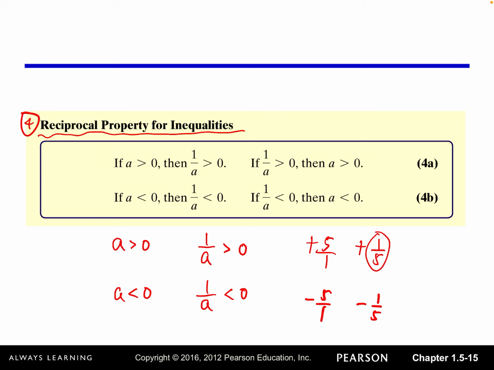So for the reciprocal property, I call it the same sign property, just because it's easy for me to remember. Up to you: if you can remember the key for the reciprocal property, just memorize it that way. If it doesn't make sense to you, you can memorize it as the same sign property.